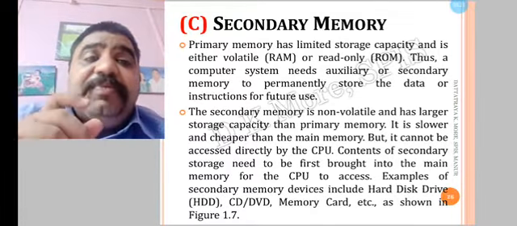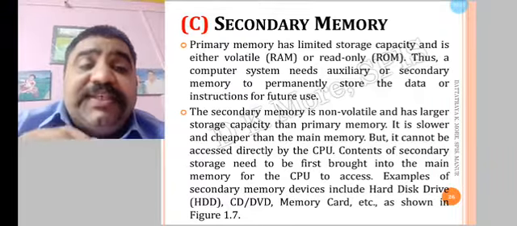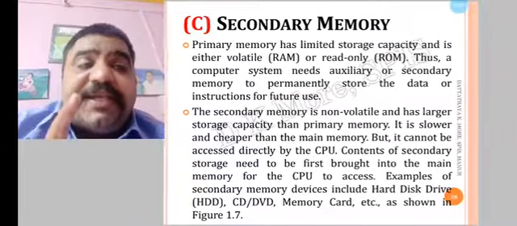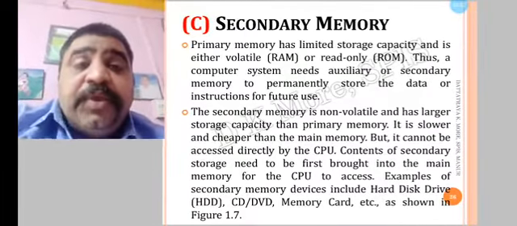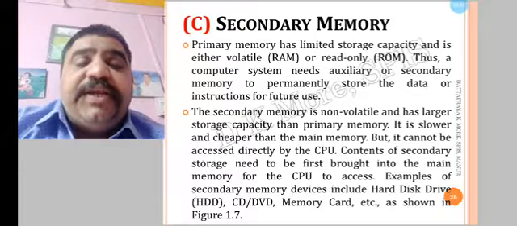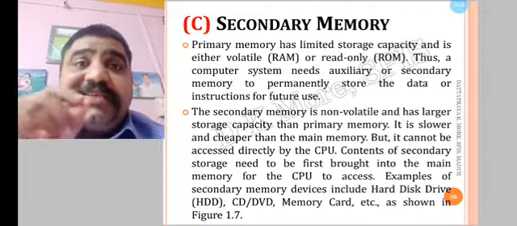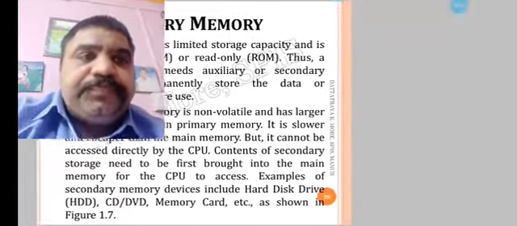Examples of secondary memory devices include hard disk drive, that is HDD, CD or DVD, memory card, etc., as shown in figure that we will see next slide. Today also one more different type of secondary device has come, that is SSD hard disk, which is very fast for the computer.